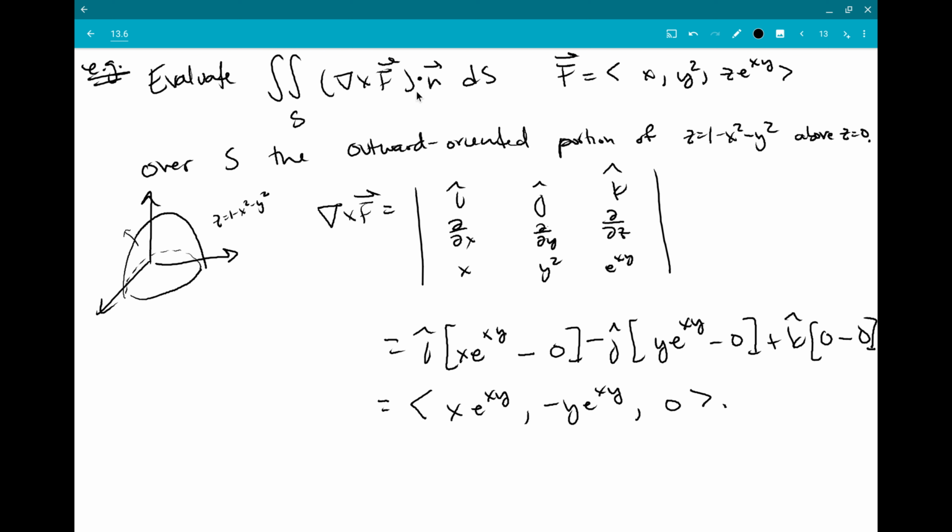If I wanted to set up this surface integral problem as written, I would have to write my f equals 1 minus x squared minus y squared, compute my n, compute my dS, plug everything in, find my region, and then integrate it. Instead of doing all that, I'm going to say I'm finding a surface integral of a curl corresponding to this curve.